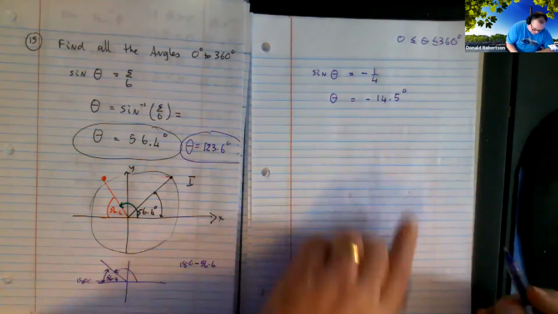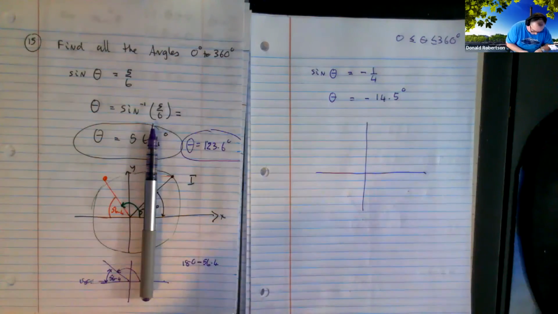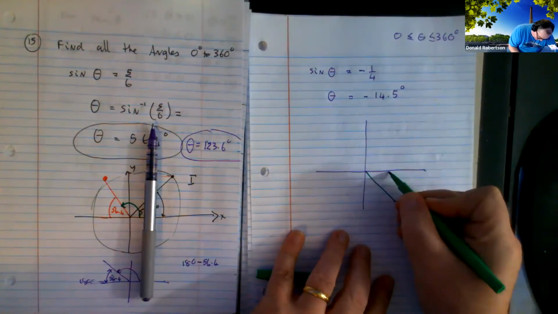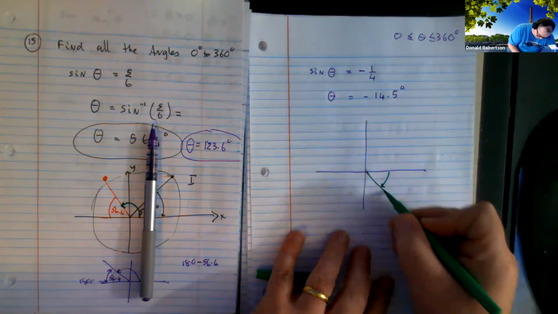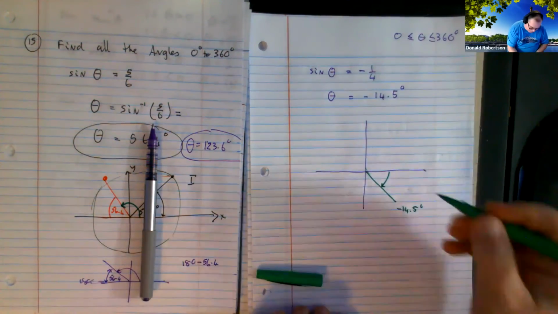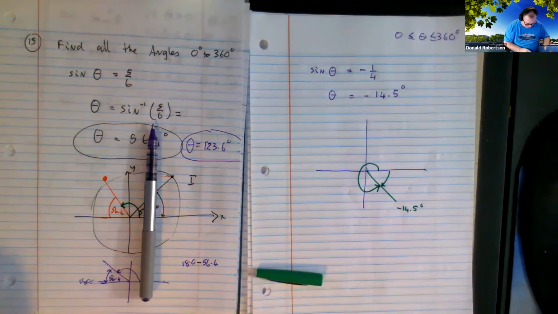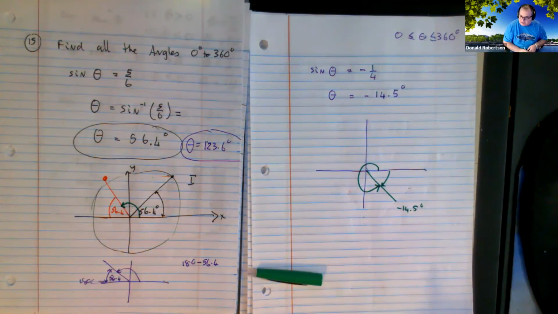Agreed? Now, if I draw this, when you get negative 14.5, isn't it this angle here? But the one I want is that angle. So far, so good?